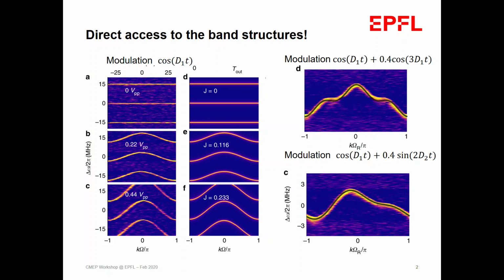For example, here they provide experimental results and simulations. On the x-axis, you can see the coordinate of your ring, and on the other axis you can see detuning, and this line corresponds to the intensity inside your ring.